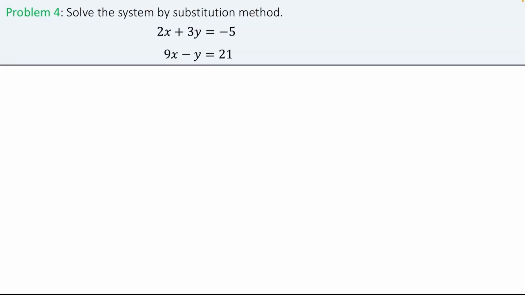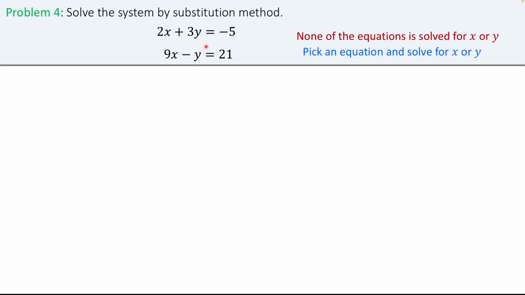Let us do one more problem. In this system also, none of the equations is solved for x or y. So pick an equation and solve for x or y. In the second equation, the coefficient of y is -1, so you can easily solve for y.